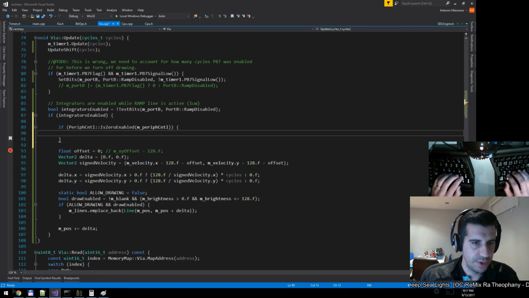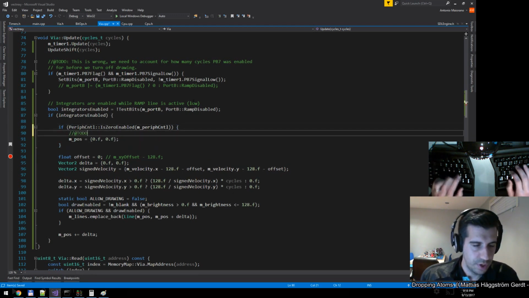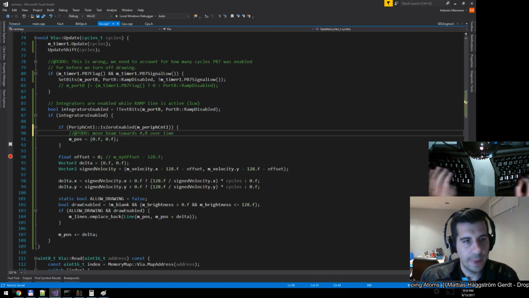So if the 0 is enabled here, then we'll do the positioning. And here I'll put a to-do: move beam towards 0, 0 over time.